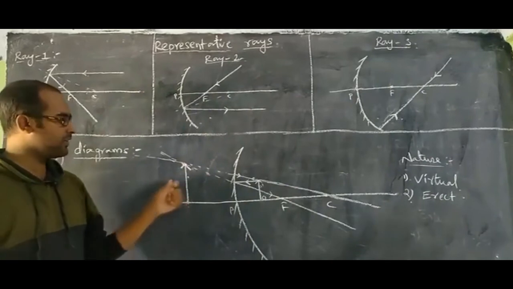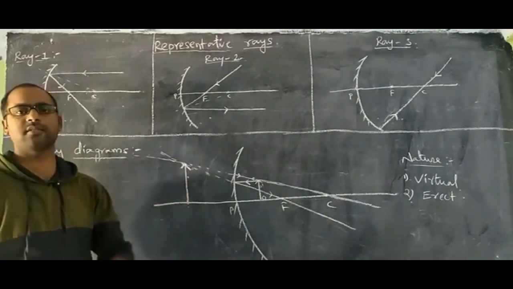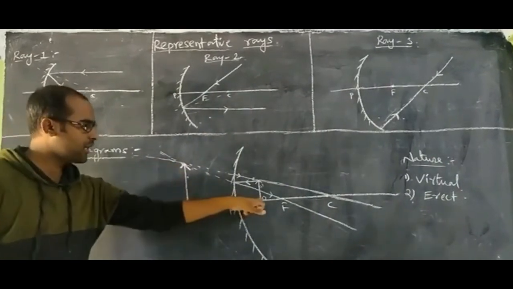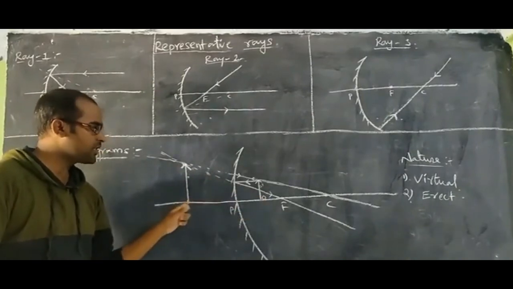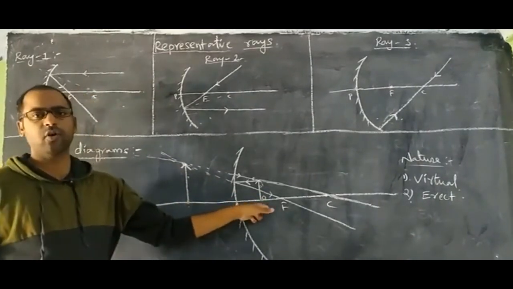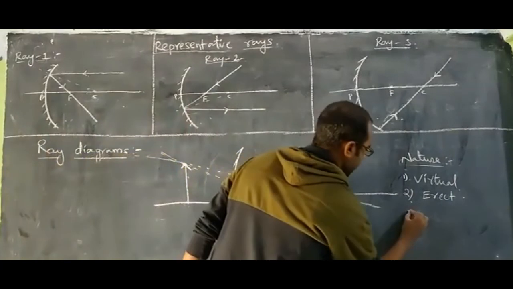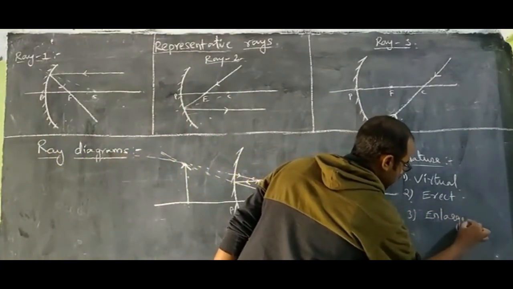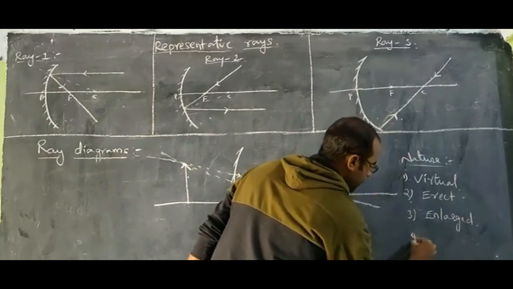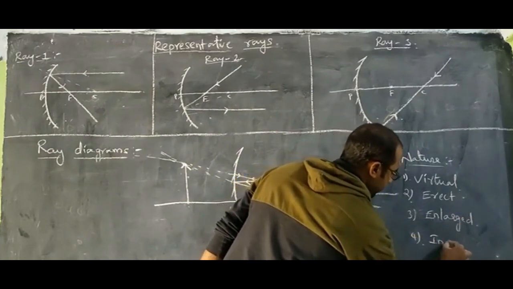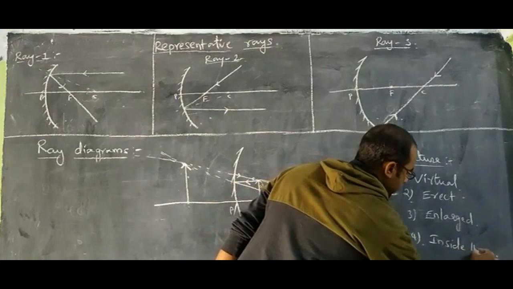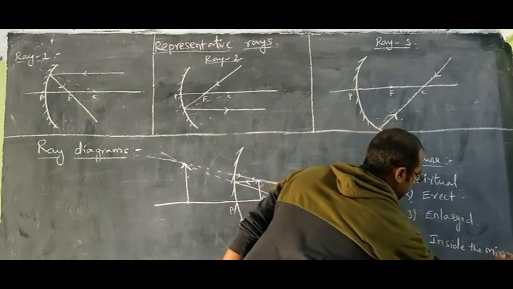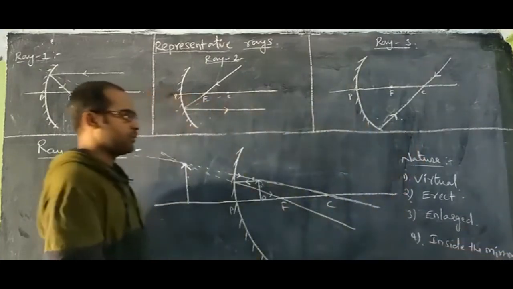Is it enlarged, diminished, or the same size? Enlarged image. So the size of the image is more when compared to the size of the object. And where is it formed?